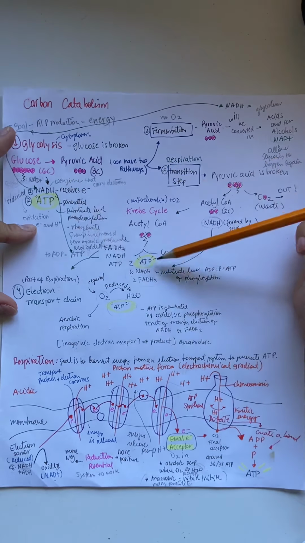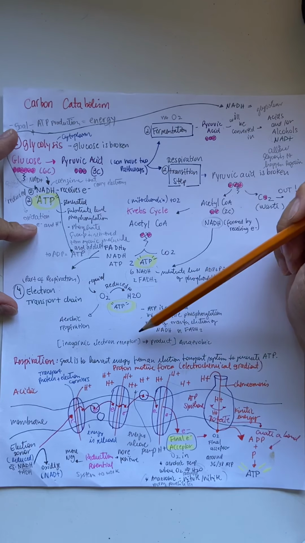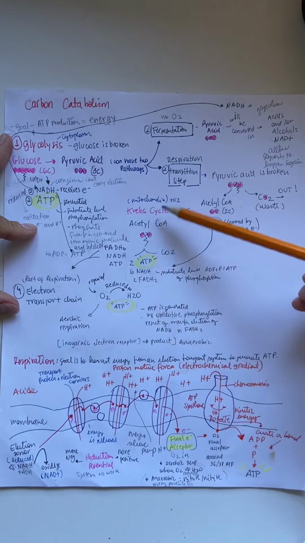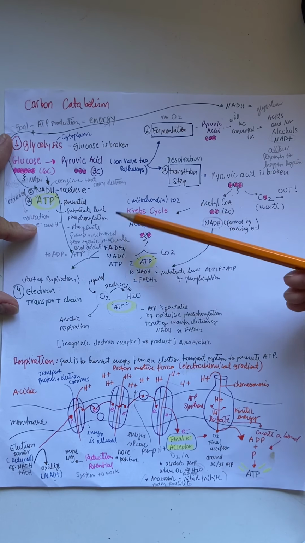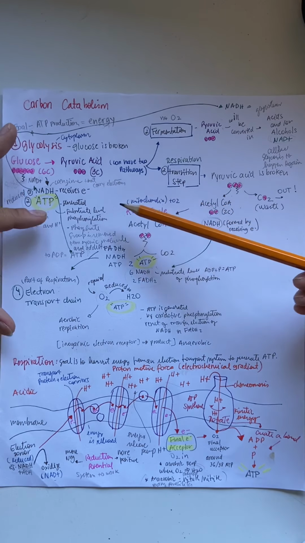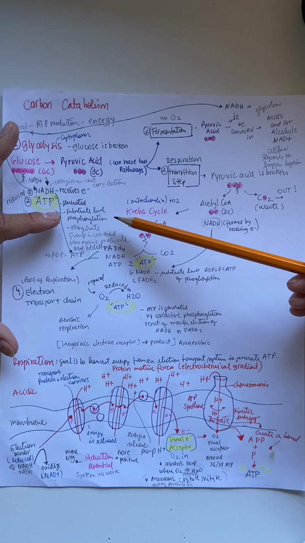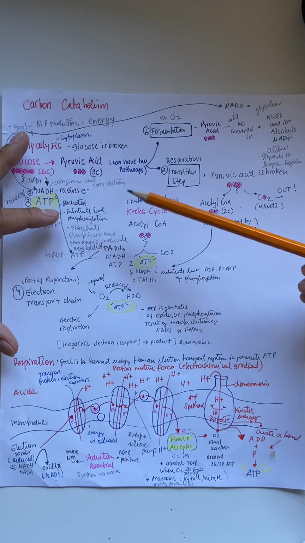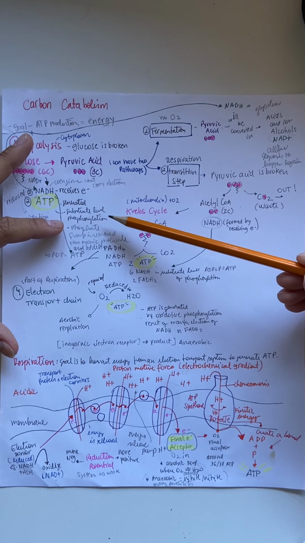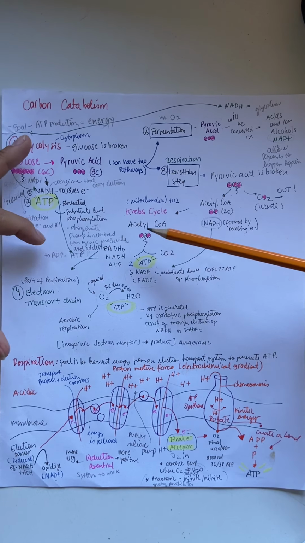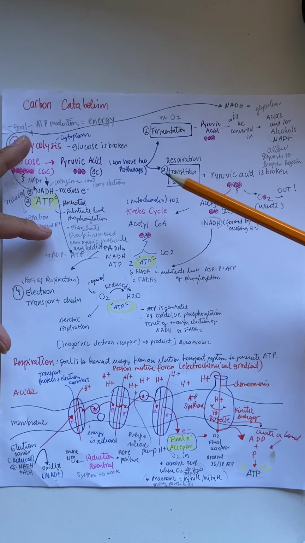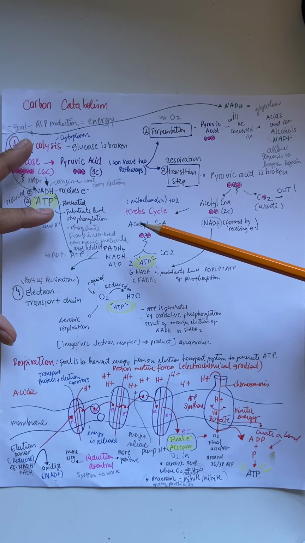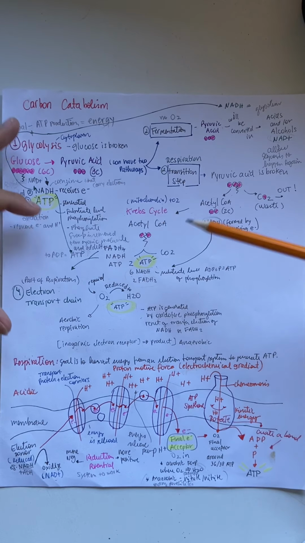The difference between ATPs in these 3 different processes is that ATP in glycolysis and in the Krebs cycle is generated by what is called substrate-level phosphorylation, which means that a phosphate group is removed from an organic molecule and added to ADP, turning it into ATP.